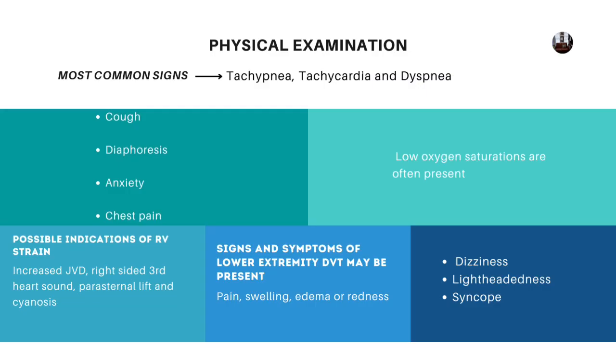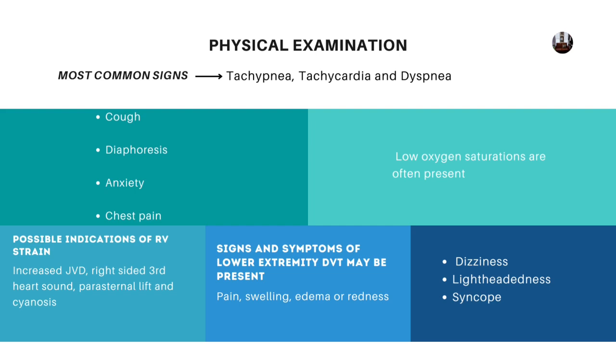Now, prompt recognition of pulmonary embolism is very, very crucial. And the most commonly reported signs are tachypnea, tachycardia, and dyspnea. Of course, other signs may be cough, diaphoresis, chest pain, anxiety.